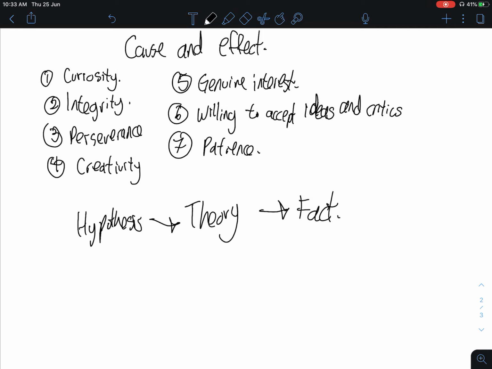Then of course we talk about the three variables. Independent is what you change, dependent variable is what you observe and measure, and last but not least, controlled variable is what you usually keep the same. We also talk about how to go about writing it, and then the importance of science, like using technology. Technology is the application of scientific knowledge in our world, and science cannot stop or prevent the occurrence of natural disasters such as tsunami or earthquake.